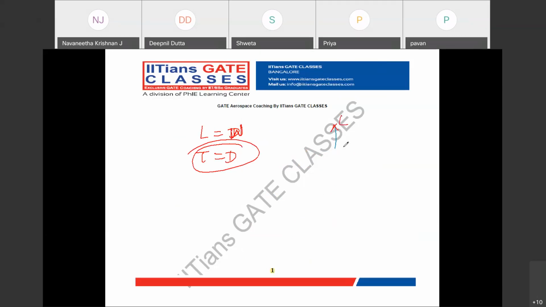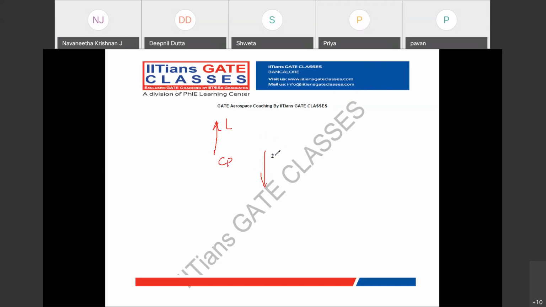Lift is balanced by weight. Lift is acting at the center of pressure.